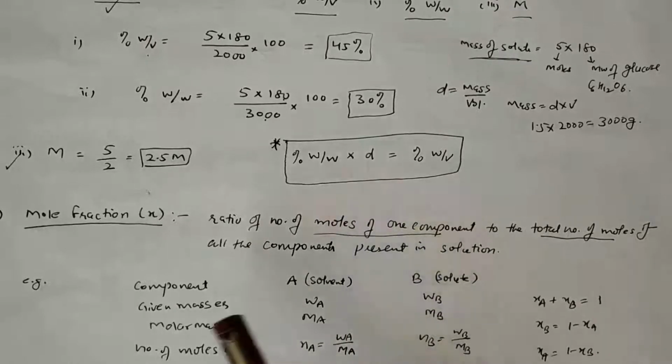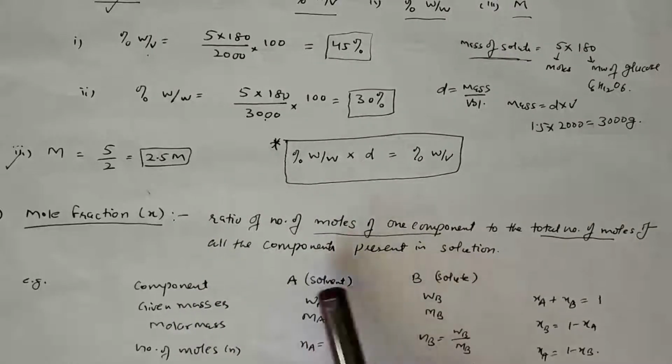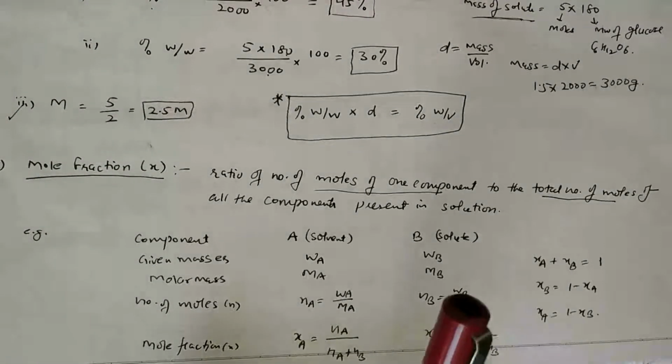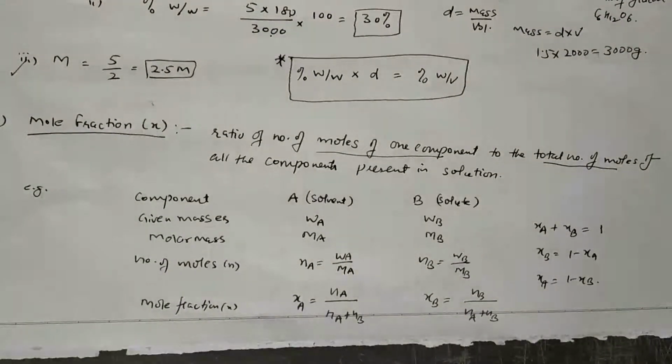Simple. Suppose we have 2 components, A and B. A is solvent, B is solute. Given masses WA gram, WB gram respectively, and molar masses MA, MB. First of all you calculate the number of moles, that is WA upon MA, WB upon MB. After that apply the formula of mole fraction.